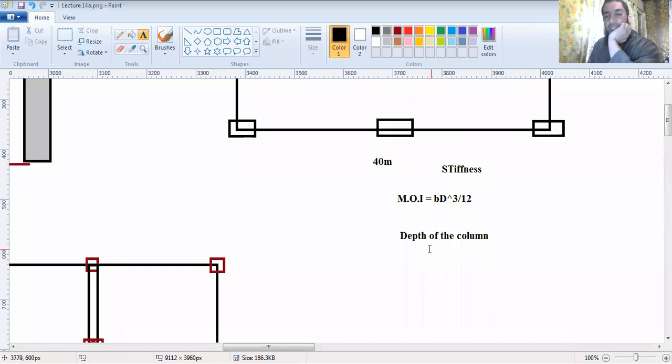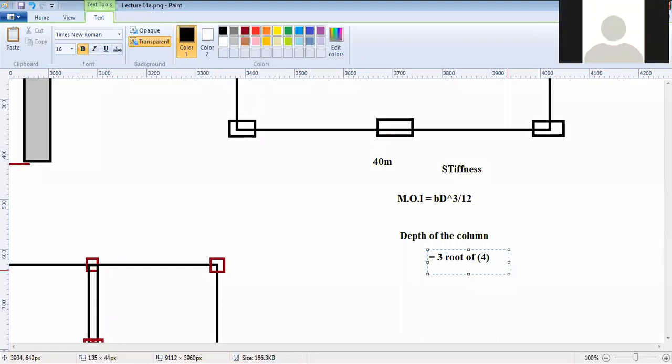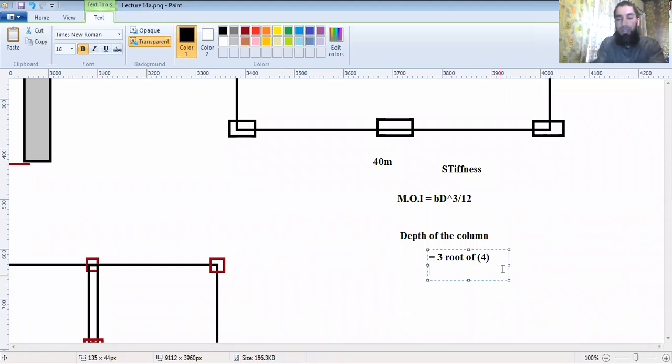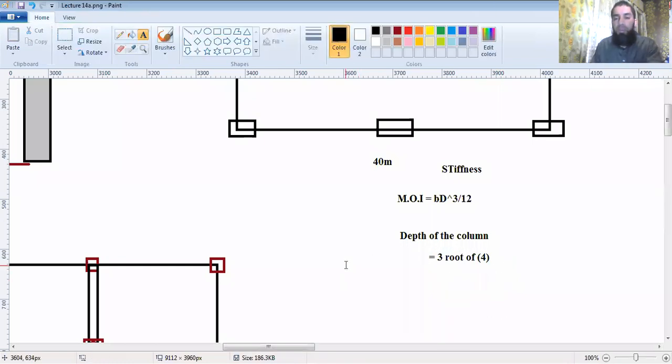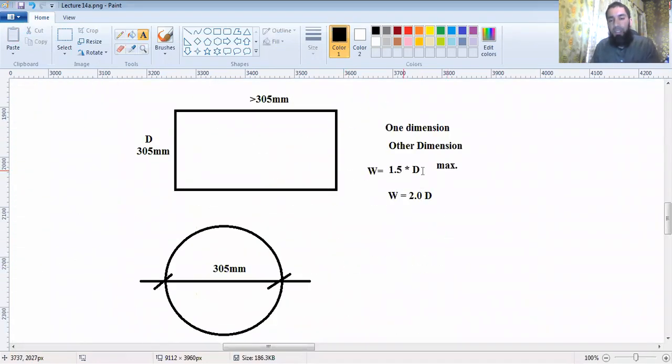And in that case, the depth of the column has to be around cube root of this, that is, say, 4, which was the ratio between the sides of the column. So it would be around 1.2 or something like that. So it's almost always that maximum you can keep 1.5 the ratio between the column sides.